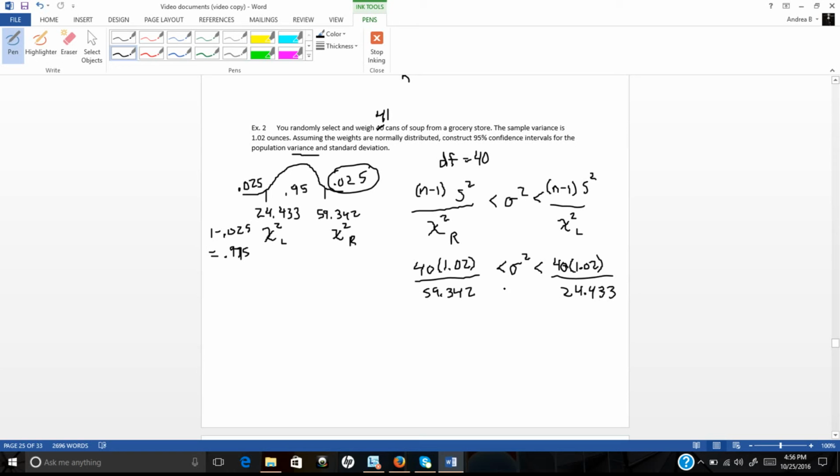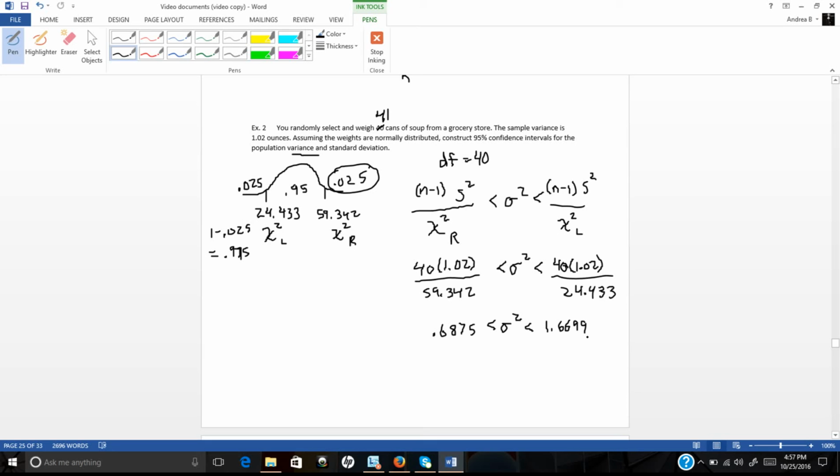And then you want to calculate those out. In this case, we get about 0.6875. Go out at least 2 decimal places for these. The more digits you go out, the more accurate it is. And then 1.6699 here.